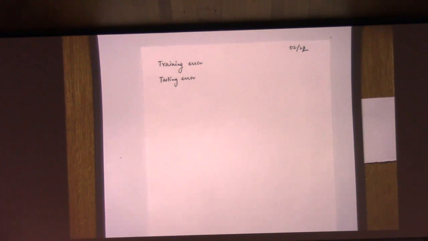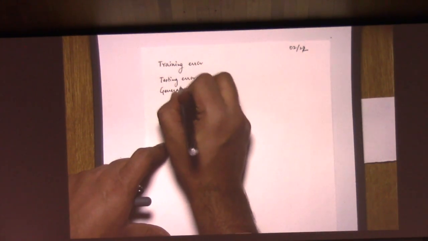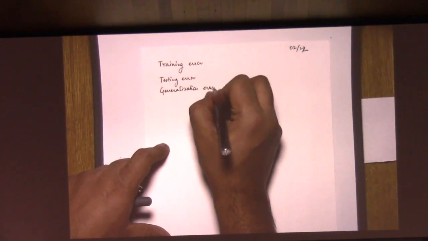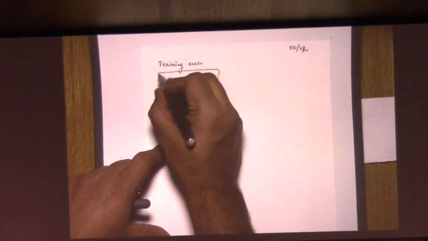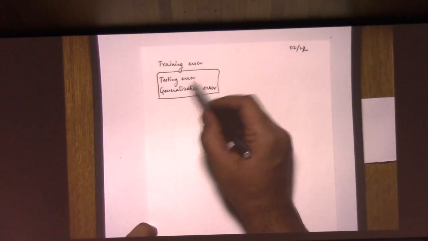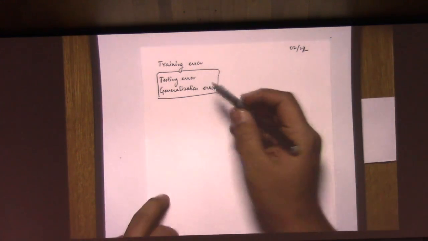That's called the testing error, or we also call it the generalization error, which means that after training it, when you apply it in general outside, how well does it do? Now, what we really want is a model that can do very well on the testing or generalization error, because anybody can do well on the training error, but what is more important is to have a model that can do well after the training.